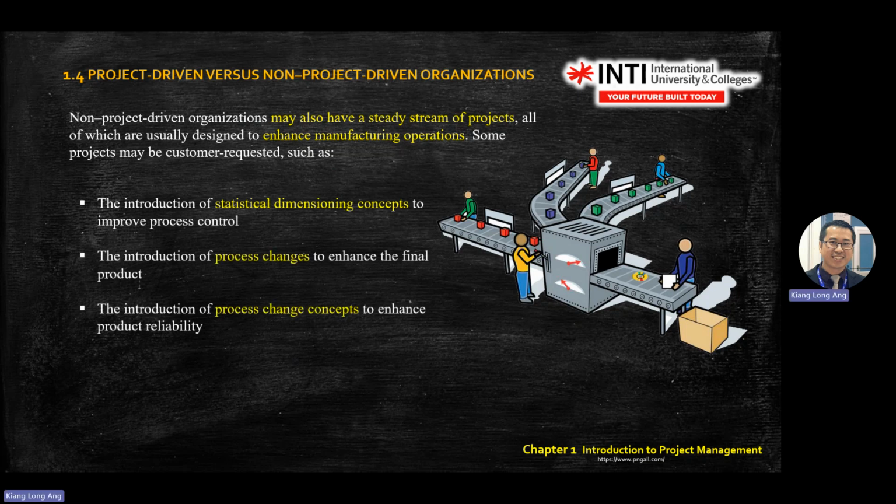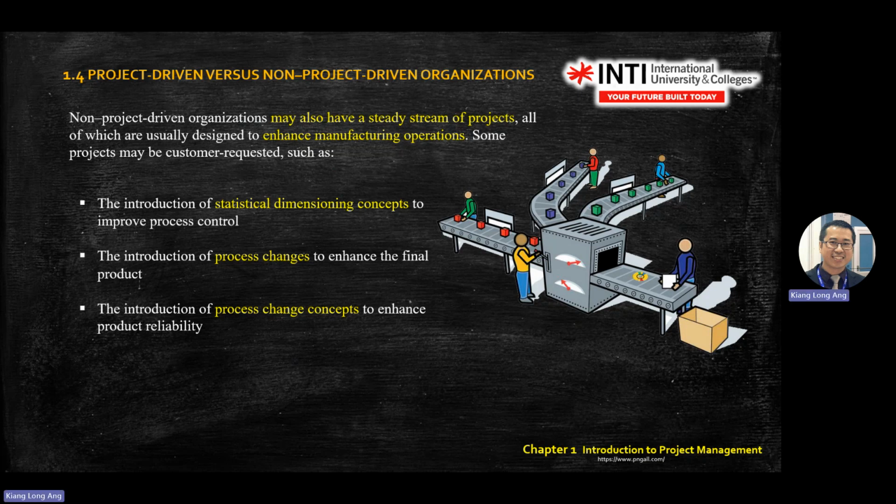Just now the example is that you don't have consistent project numbers, but in another case, if you have a steady stream of projects, a non-project-driven organization can also work.